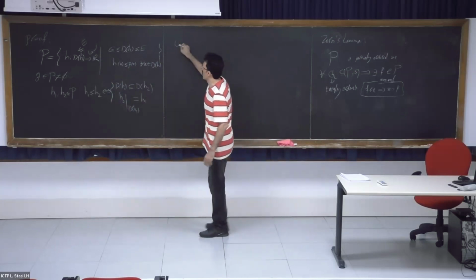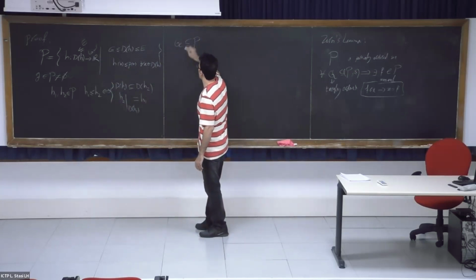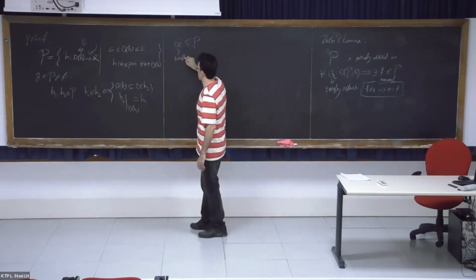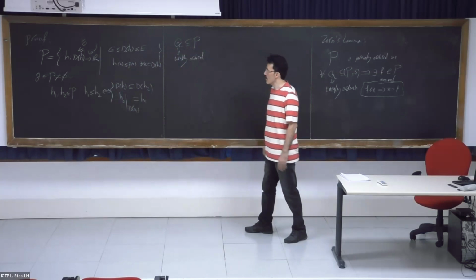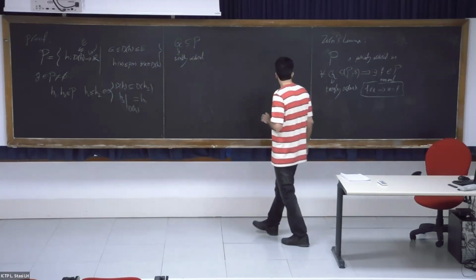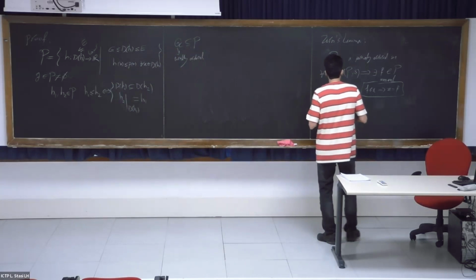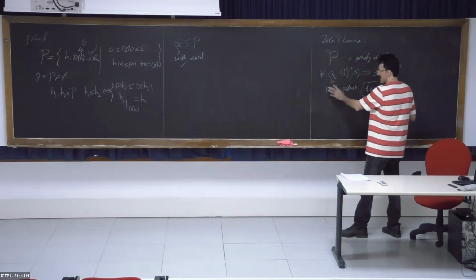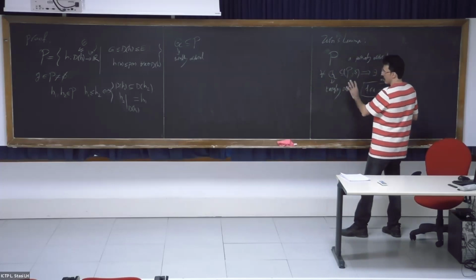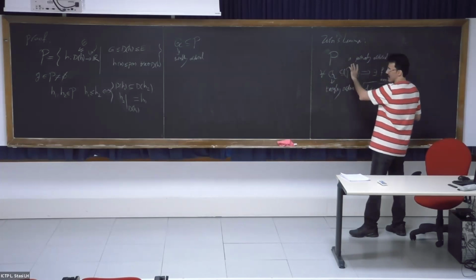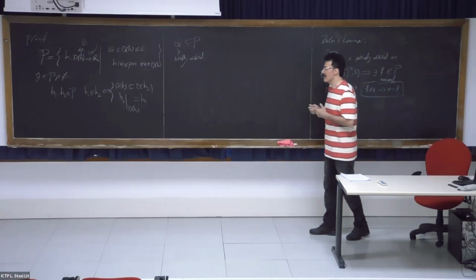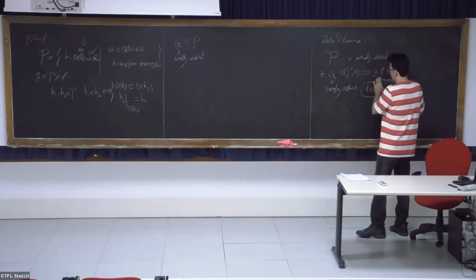Let Q be a totally ordered subset of P. I forgot to mention that Zorn's lemma says that if any totally ordered subset of P has an upper bound with this order, then there exists a maximal element.